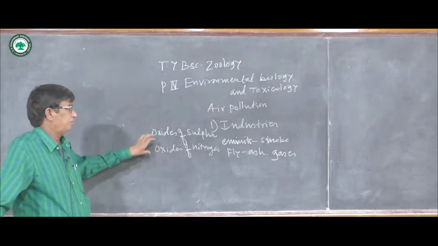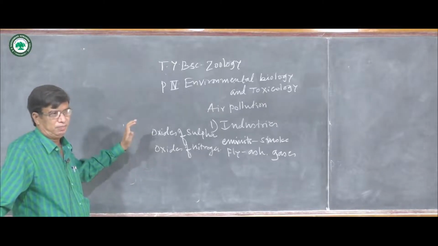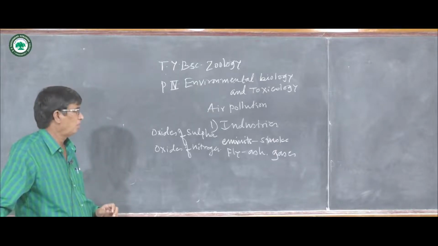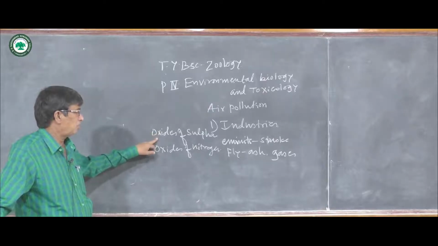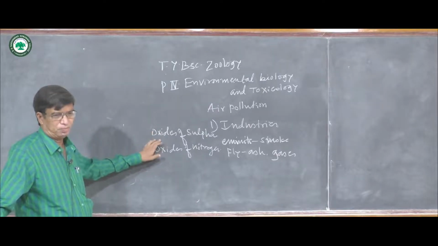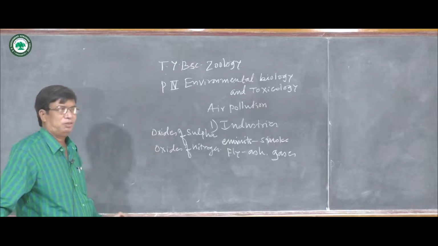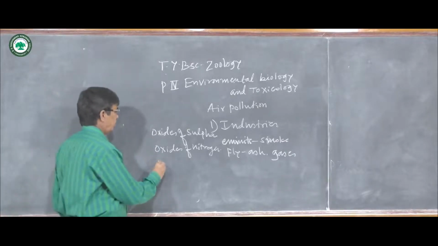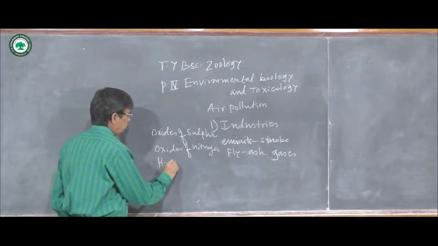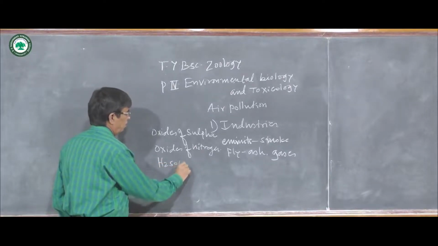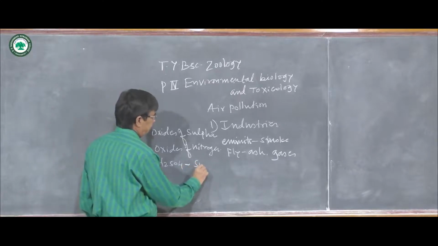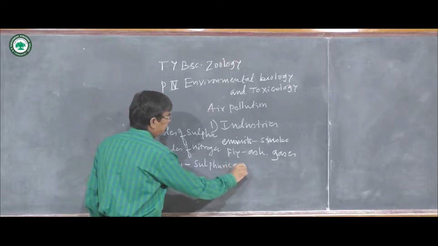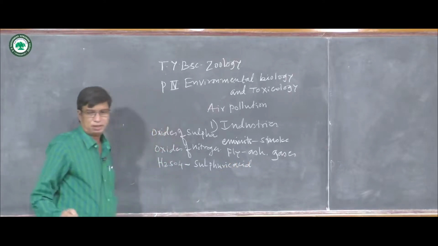These gases combine to form complex chemicals. For example, oxides of sulfur combine to form a concentrated chemical called H2SO4, sulfuric acid.